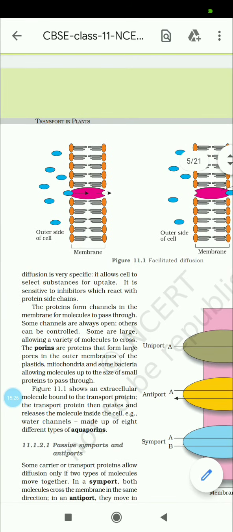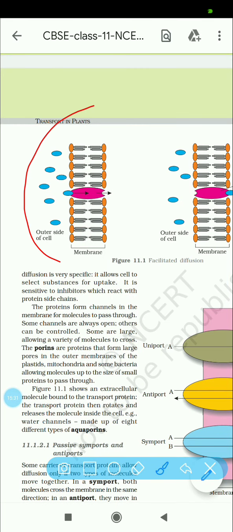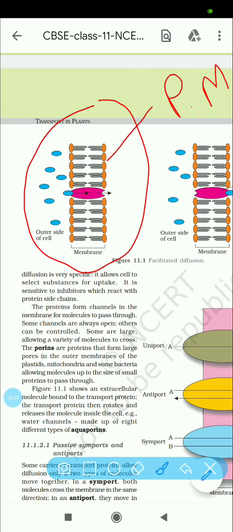I'll discuss diagram number 11.1. If you look at this diagram, this is our plasma membrane. You can see this part is mainly lipid, and the pink part which you see is our protein.